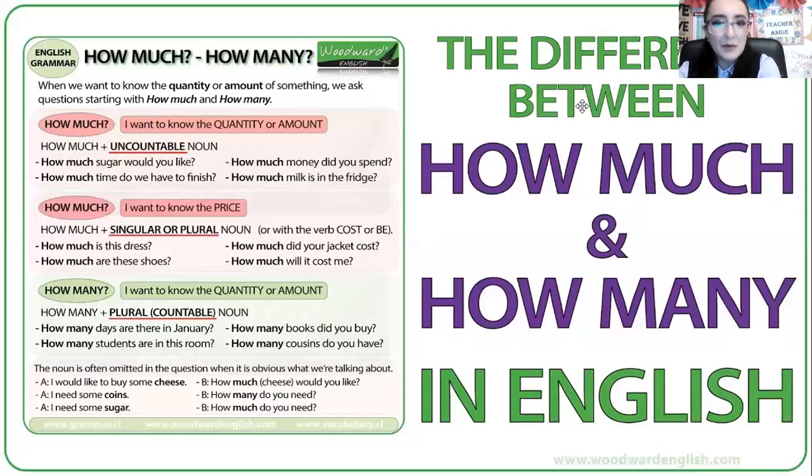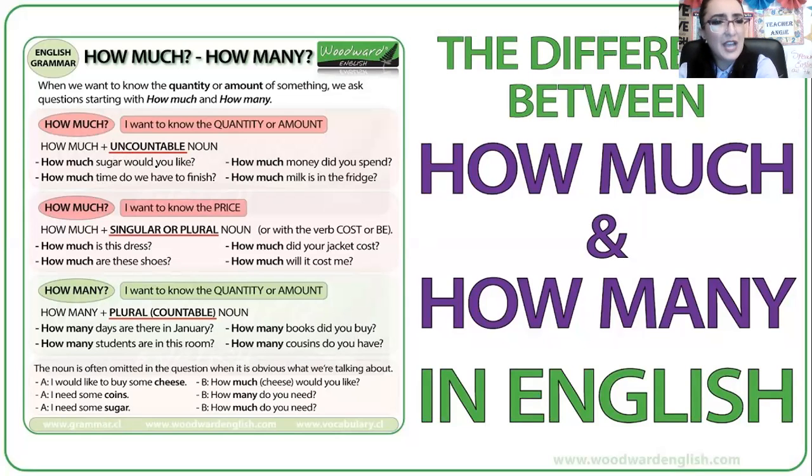And remember, what is the difference between how much and how many? Well, remember that if we want to know the quantity or amount of something, we are going to be asking with these questions, how much or how many? But how much is for uncountables, and most of the times, for singular.